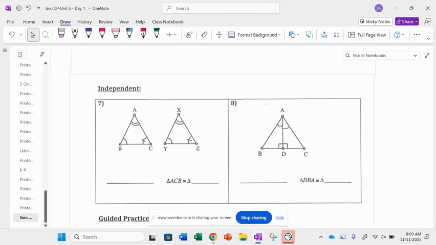For the second one, isn't this the same segment in both triangles? So it has to be congruent to itself. So we mark that with an X. And then the triangles are congruent.